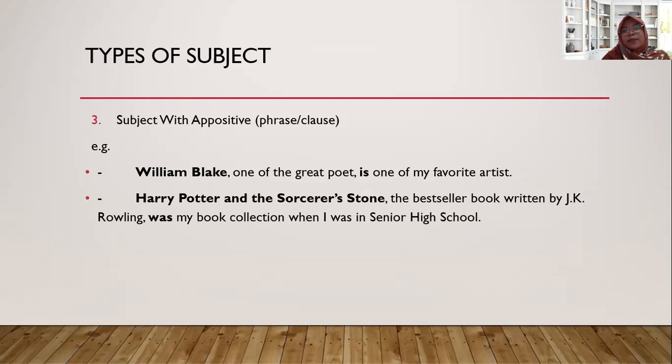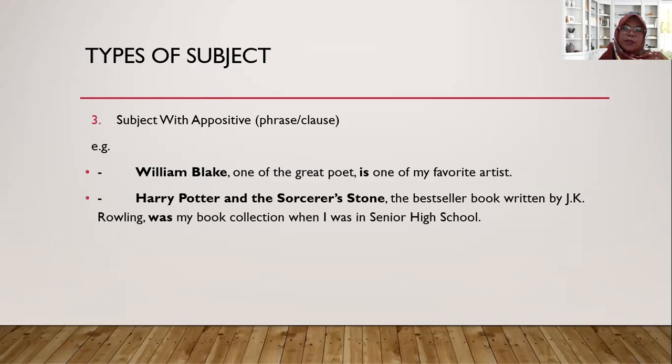William Blake, this is of course the name of a person, and there is a comma, and then what is between the two commas is the appositive. The appositive here, as you can see, one of the great poets, aims to explain about William Blake. So: William Blake, one of the great poets, is one of my favorite artists. And then: Harry Potter and the Sorcerer's Stone, the bestseller book written by J.K. Rowling, was in my book collection when I was in senior high school.